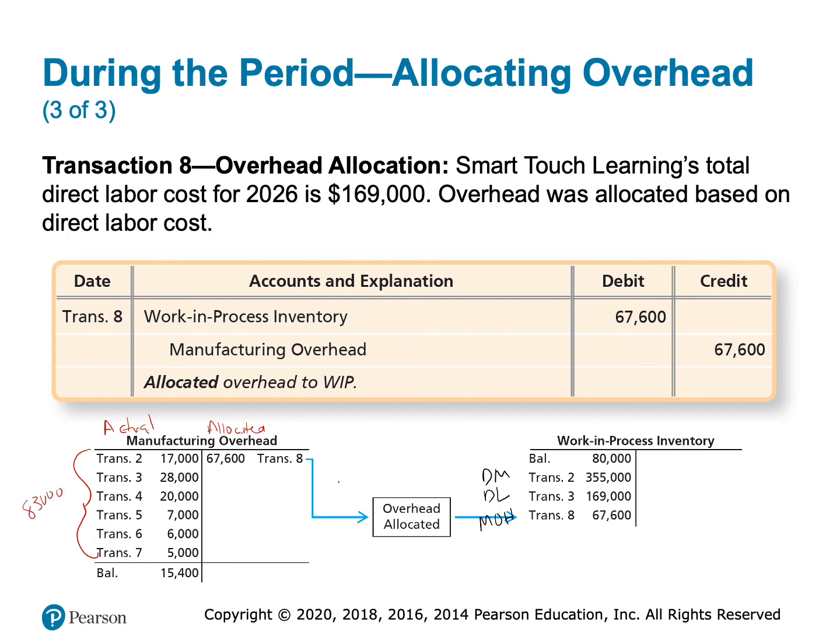But we only allocated 67,600. So actual overhead exceeded our estimate last year of what we estimated. We underestimated what overhead was going to be. So we wind up with a debit balance in overhead. And this is because overhead in this example is under allocated. We should have allocated 83,000. We only allocated 67,600.